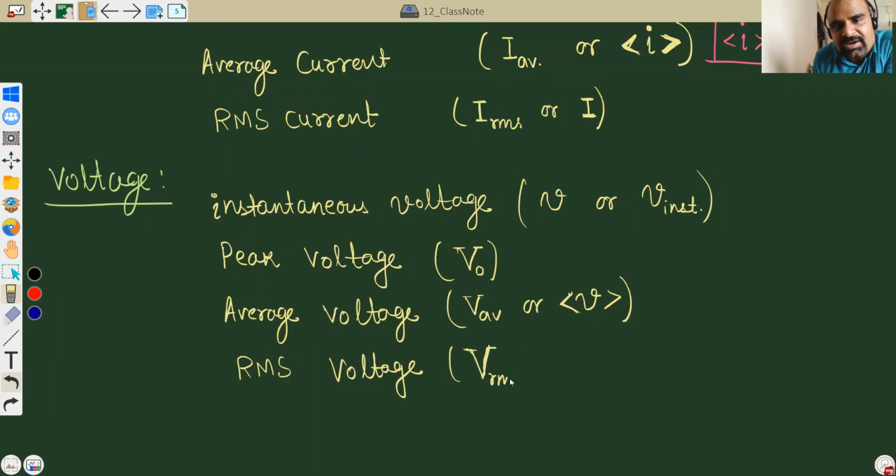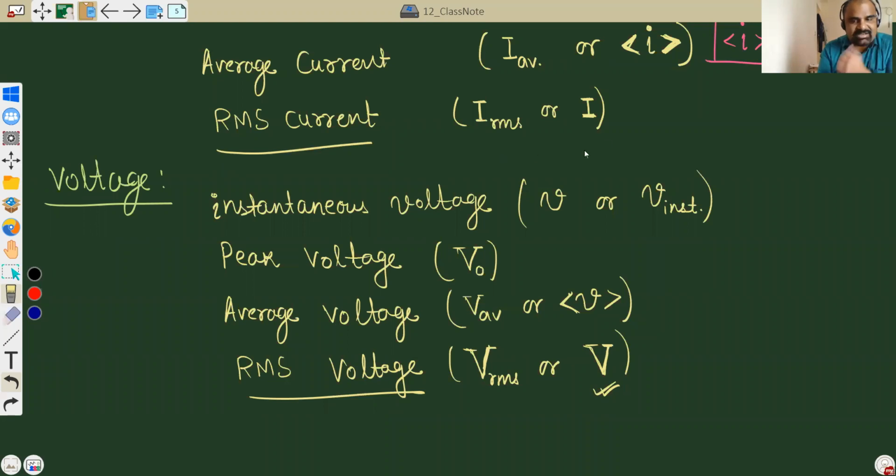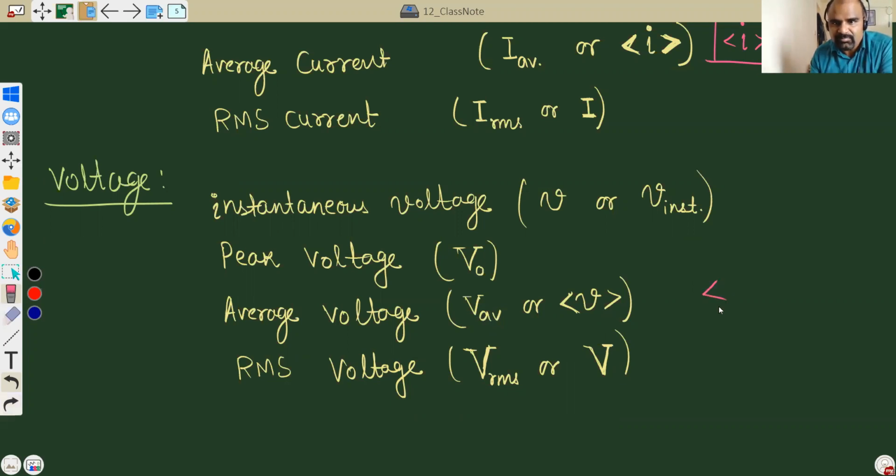Capital V with the subscript RMS, but even if you don't use the subscript RMS, if you simply write capital V, everybody will understand that you are talking about RMS voltage, just like RMS current, capital I. So for instantaneous, small v, for RMS, capital V. Average voltage, though I have written the value, will always be zero, because even voltage is positive for half of the time period and negative for the other half.